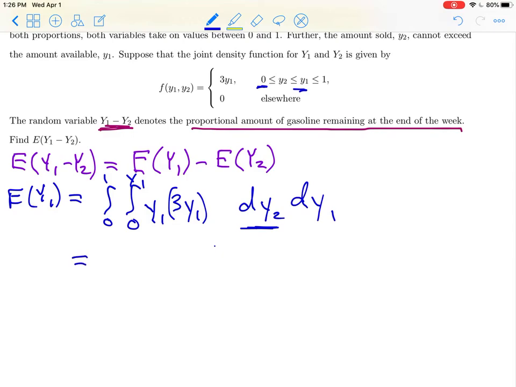So when we integrate this with respect to Y2 first, we get 3Y1 squared Y2 evaluated from 0 to Y1.